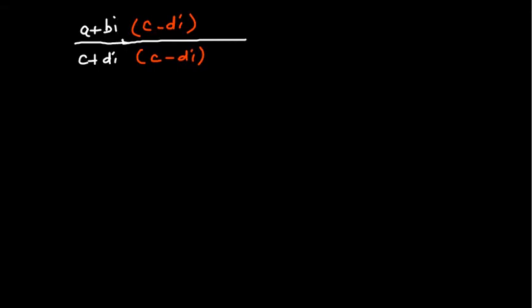At the bottom, what I'm going to get is c plus di multiplied by c minus di. And this is the same as a plus b multiplied by a minus b. And so I'm going to get c squared minus d squared i squared.